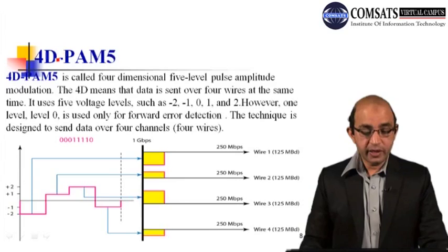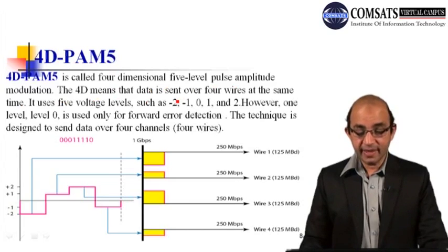So we have 4D PAM, 4-dimensional 4-level pulse amplitude modulation. Data is sent over 4 lines, and at the same time it uses 5 voltage levels such as -2, -1, 0, 1 and 2. Level 0 is used only for forward error correction.